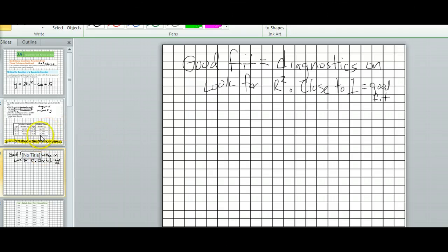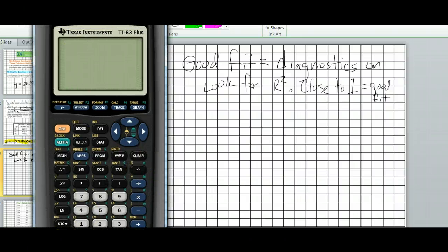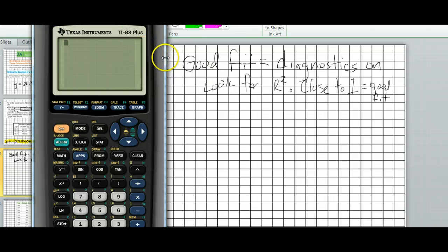So let's go back to our calculator. This time we're going to turn the diagnostics on. Now to do this, you need to press the catalog button. The catalog button is down below.